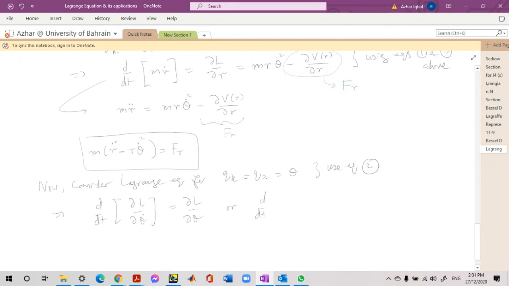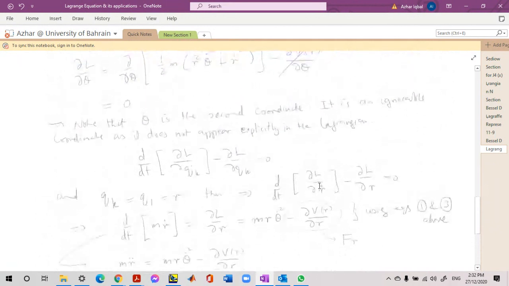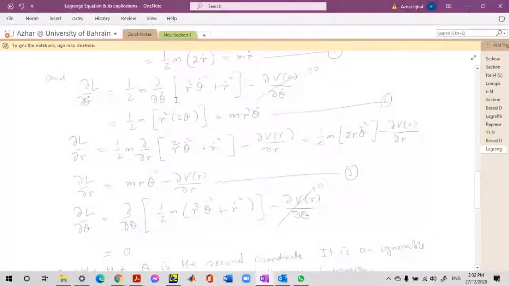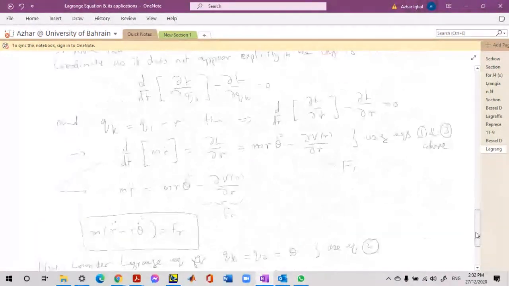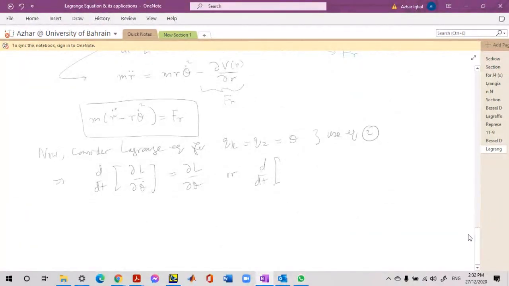Partial L over partial theta dot, which we have already calculated, is m r square theta dot, from equation number 2. And this is equal to partial L over partial theta.